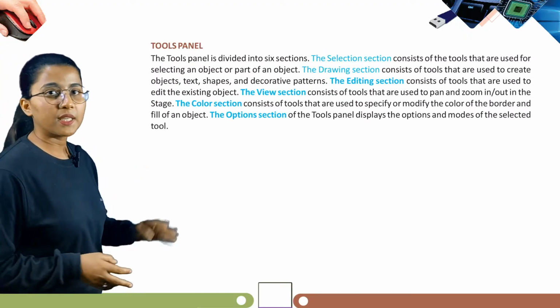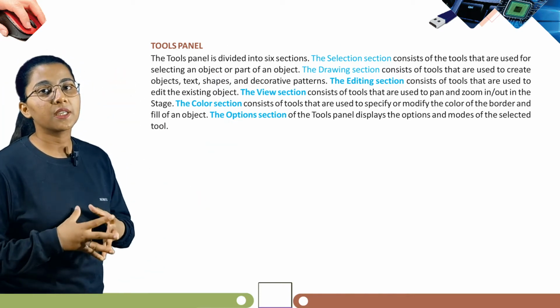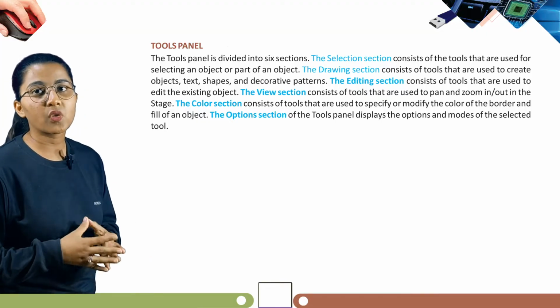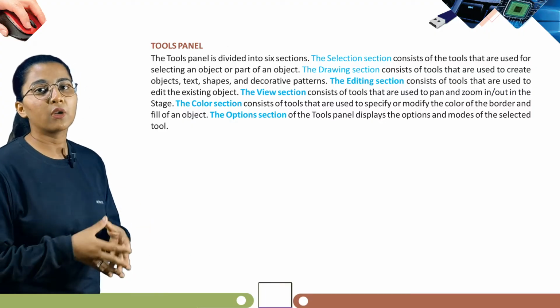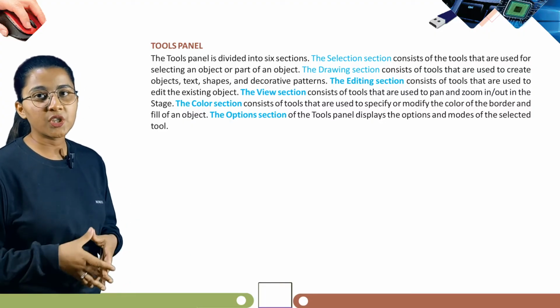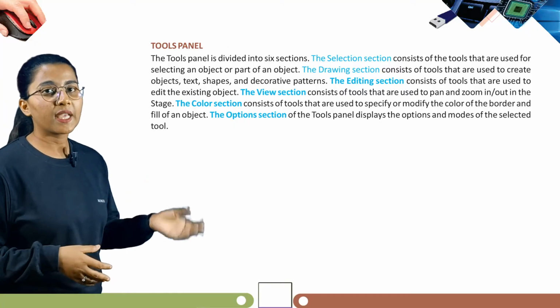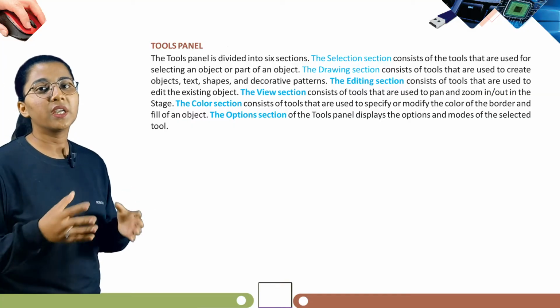Now our next topic is the tools panel. The tools panel is divided into 6 sections. The selection section consists of the tools that are used for selecting an object or a part of an object. The drawing section consists of tools that are used to create objects, text, shapes, and decorative patterns.